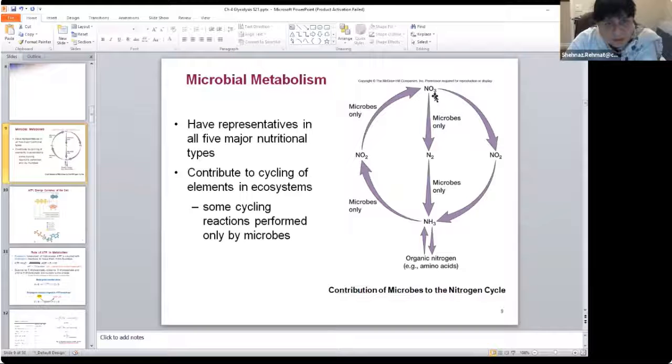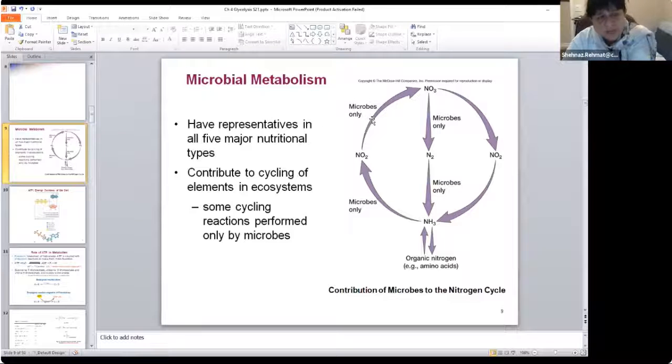Within the nitrogen cycle, we can see nitrates to nitrites to ammonia, and also nitrates to ammonia through the nitrogen pathway. You can see a lot of these pathways are microbe dependent. You see that? So these microbes are actually running the whole nitrogen cycle for us. Just an example. You could look at other cycles also in nature.